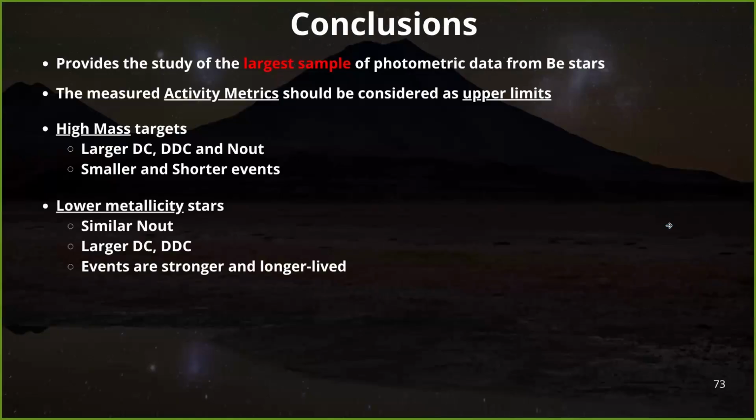When we look at the metallicity effect, it's interesting that although the outburst rate is quite similar, low metallicity environments favor longer cycles and disk cycles. Beyond that, those events have a strong signature of higher density, and those disks are longer lived.